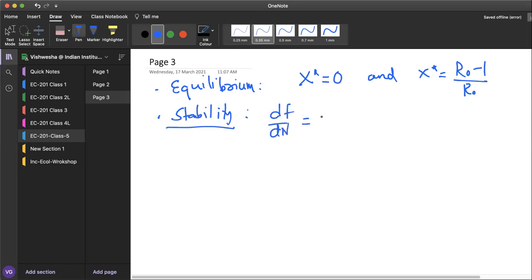What is that? That is nothing but d by dn of R0 n. So I'm dropping the t here. By the way, we can do it in terms of x or n. Shall we just stick to x maybe, because this would be unnecessarily complicated otherwise. Not too complicated, we'll just add an extra factor of k everywhere. So let's do this.